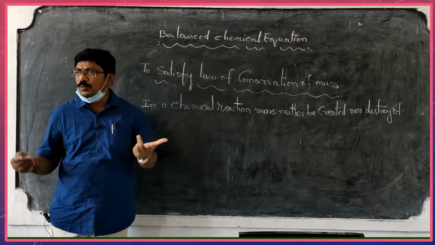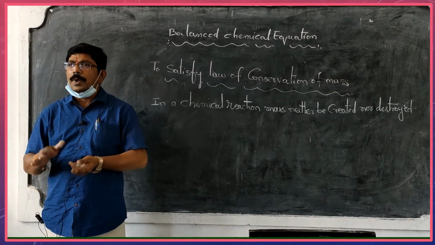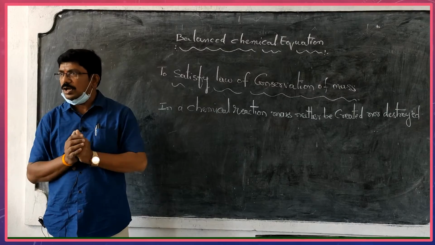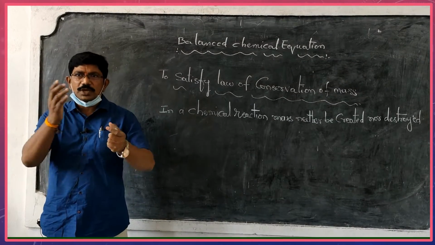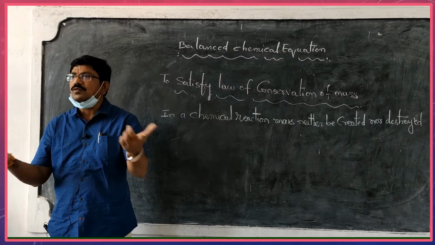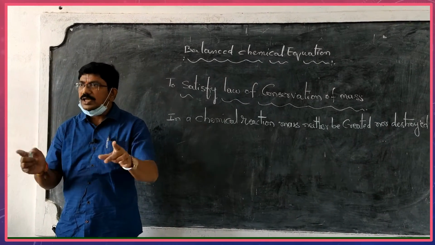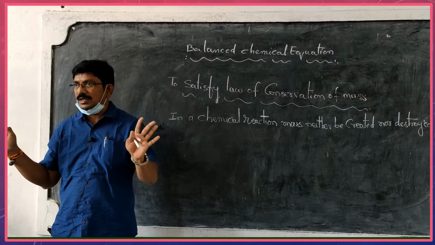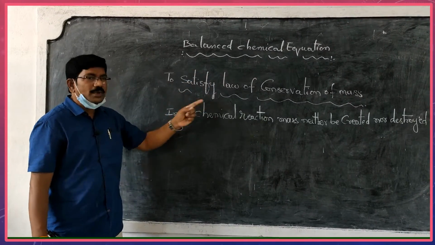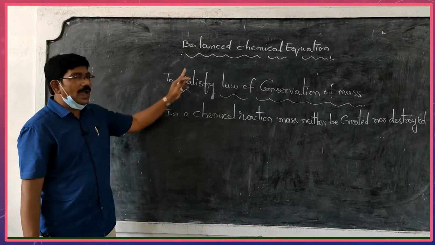Balancing, in the sense, what do you mean by balancing? Just now I told you, the mass of tomatoes must be equal to the mass of the 1 kilogram stone. The mass of the vegetables must be equal to the mass of the stone, or measuring weight, whatever it may be, they must be equal. Then it is nothing but balancing. In the same manner, in a chemical reaction, what is meant by balancing?